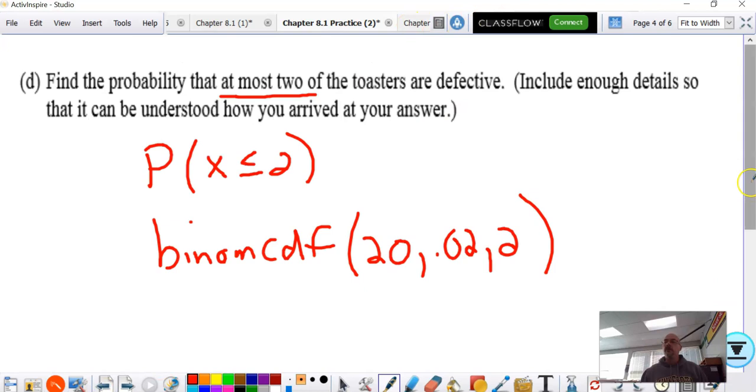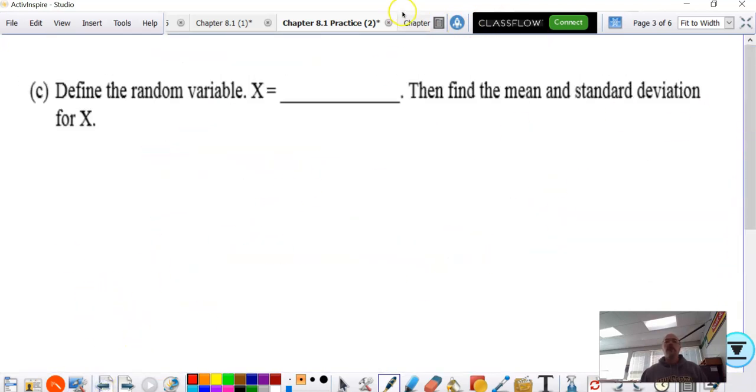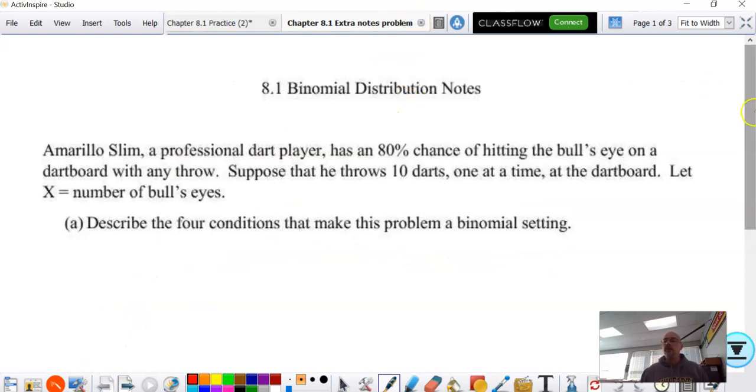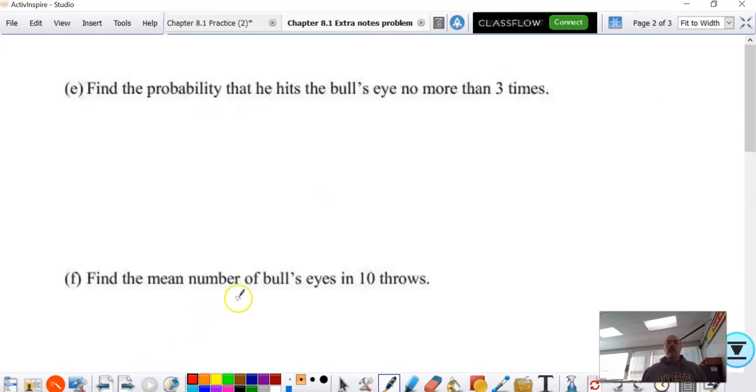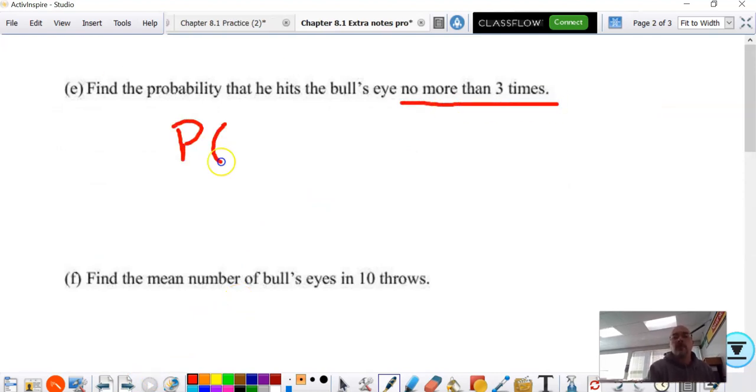Let's see, did I have another one? I think I skipped something here. No, I didn't. Okay, and then that last example that we did, for the bullseyes, 80% chance of hitting it, throwing 10 darts. Okay, so this one says no more than 3 times.